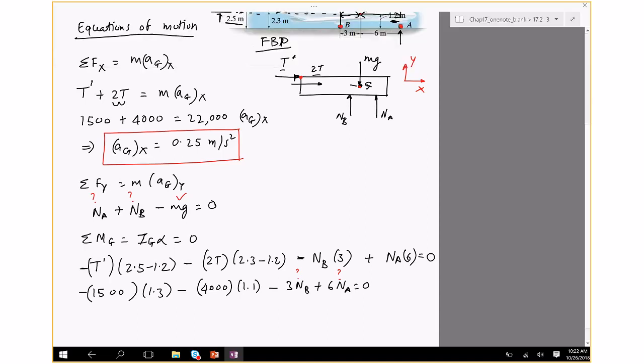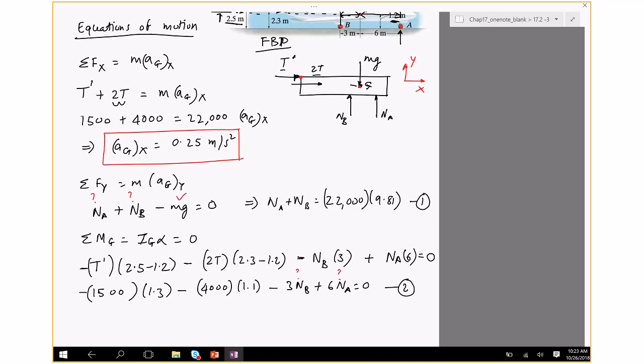This equation, let me write this as NA plus NB equals 22,000 times 9.81. So that's going to be our equation 1. This is equation 2. From equation 1 and 2, we see that there are two equations for two unknowns, NA and NB. So we can solve for those unknowns.